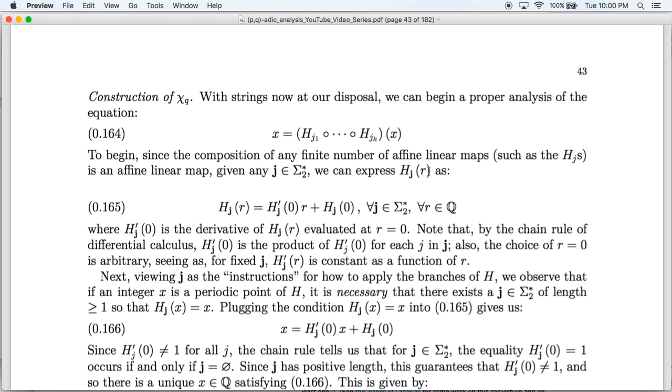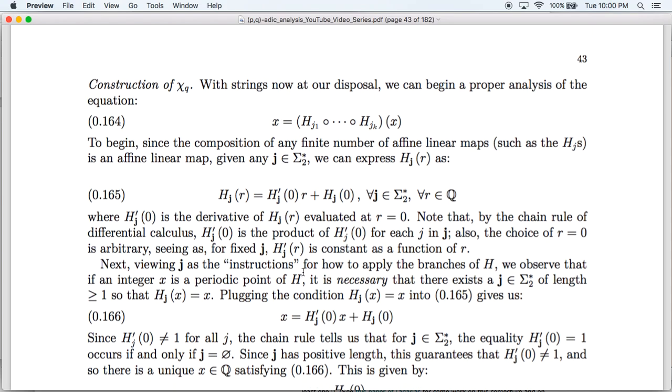And for a rational number r, just by slope-intercept formula or Taylor series, h_j of r is h prime j of 0 times r plus h_j of 0, and this holds for all finite strings and all rational numbers. Since this is an affine linear map, note that this derivative is going to be a constant, which in fact is independent of what we evaluated at.